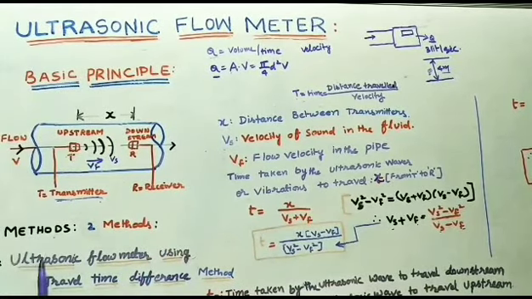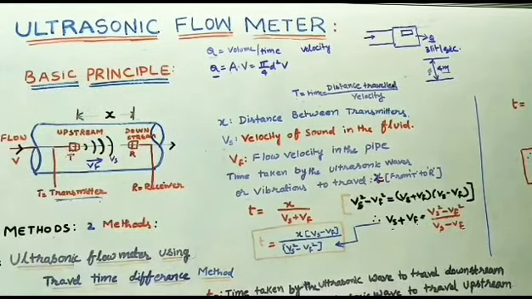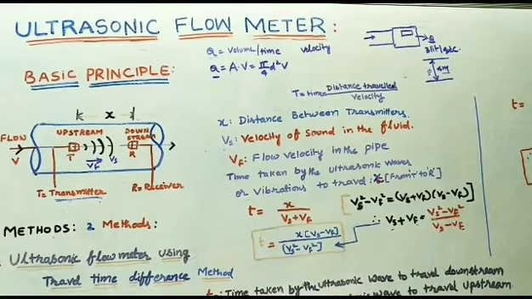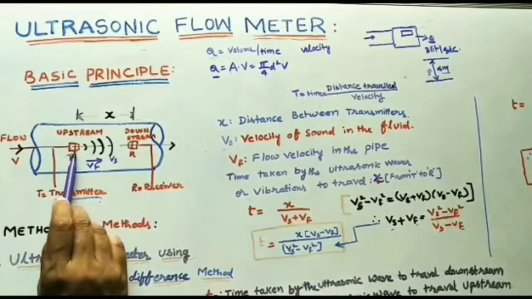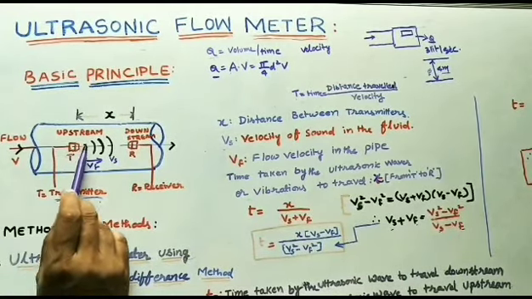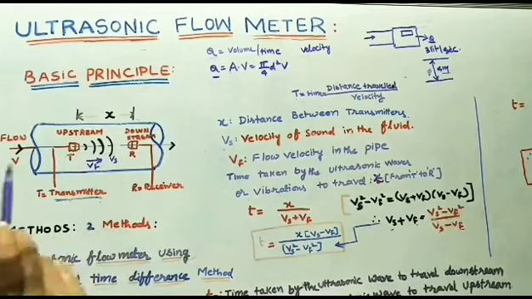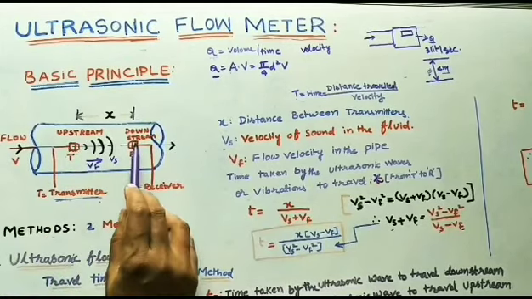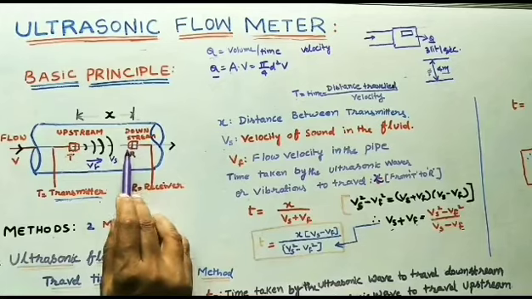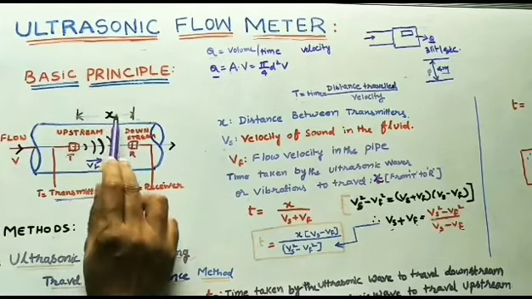Now, for creating these ultrasonic waves, which we can also call sound waves, we are connecting one transducer here. For creating the waves, and for receiving the waves, one more transducer we are fixing at x distance.